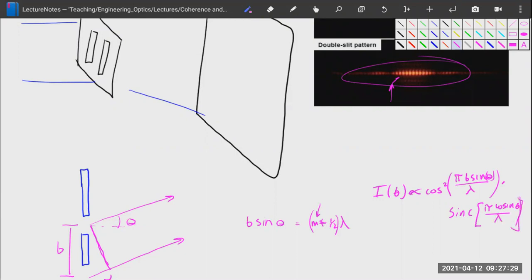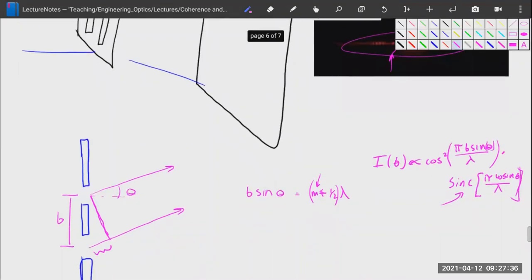So what you can see is this is actually the multiplication of two different interference patterns. The sinc function comes from each individual slit, by the way, this is the width here, and the cosine squared comes from the interference of the two slits together.